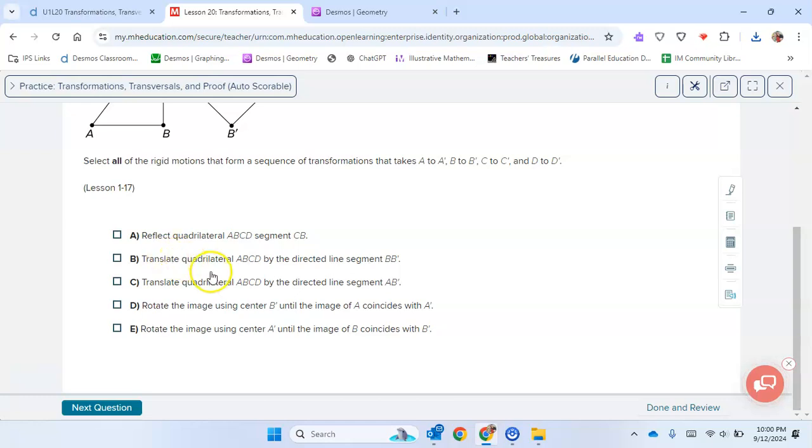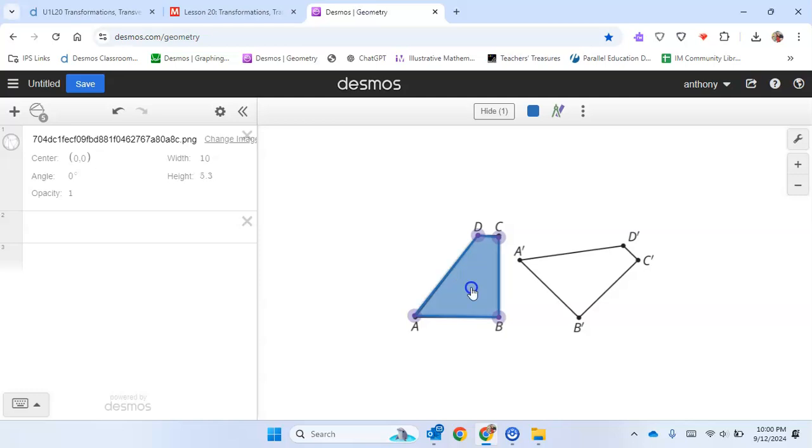We're going to translate quadrilateral ABCD by the directed line segment B to B prime. We're going to translate, and we're going to go from B to B prime.